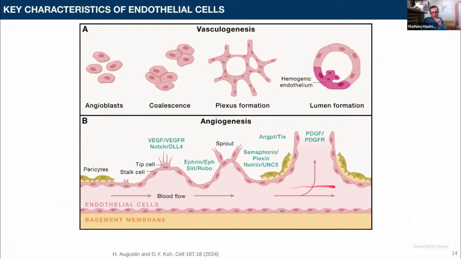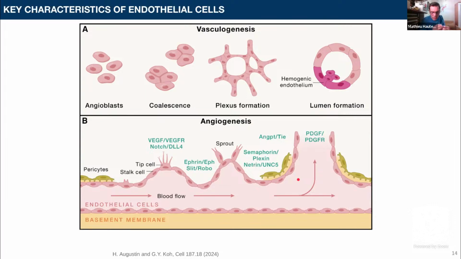But then another process also exists, which is studied a lot in vitro. It's called angiogenesis. And this one comes from an existing blood vessel, which is represented here. Blood is still flowing inside. And for many reasons, one of them being a tissue needs more access to oxygen or more nutrients, but also regeneration, repairing of the tissues, you will have a protuberance here growing and making a new vessel that needs to avoid leakage, if you want.